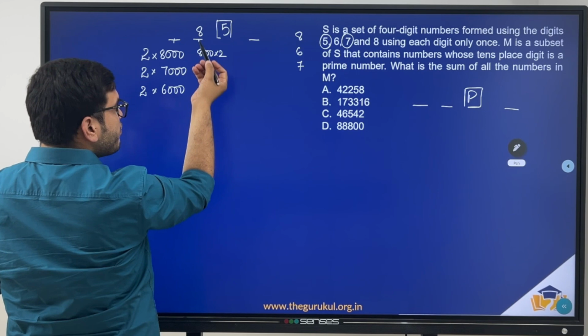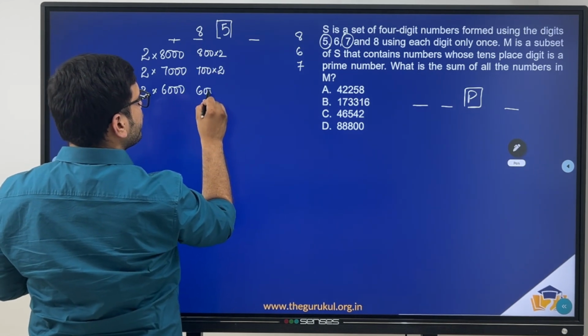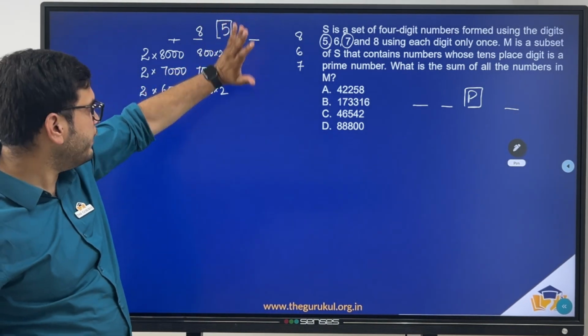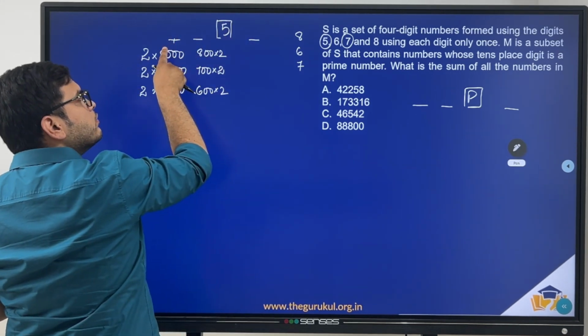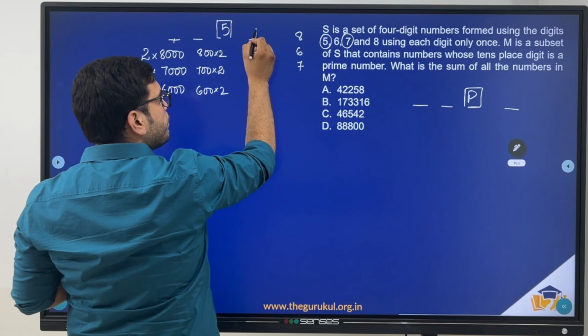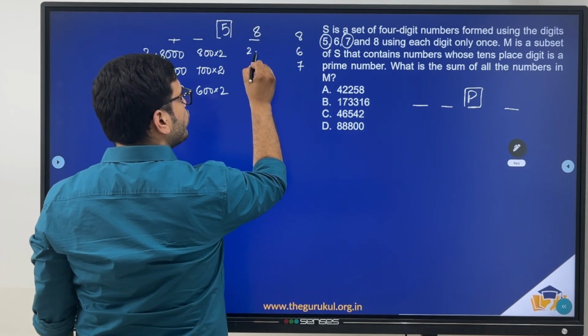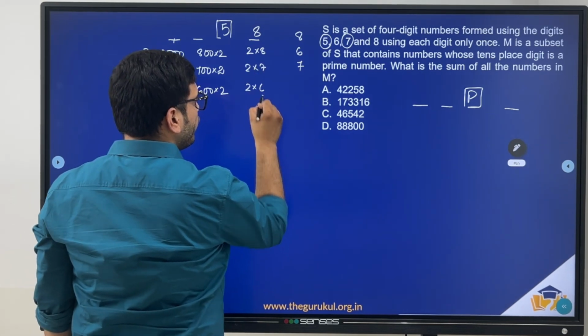Now similarly, if I replace 8 with 7, we'll be having 700 into 2 and then 600 into 2. Right. Now let's come to the tens place later. Again, after placing 8 in thousands place, hundreds place, now let's put in units place. Right. Then you will be having 2 into 8. Then similarly 2 into 7, 2 into 6.